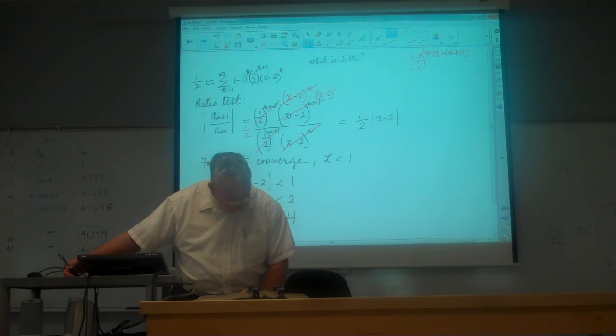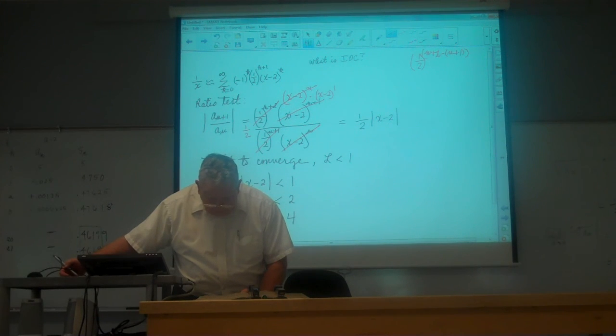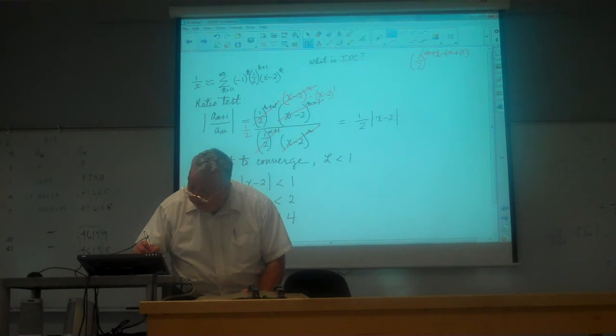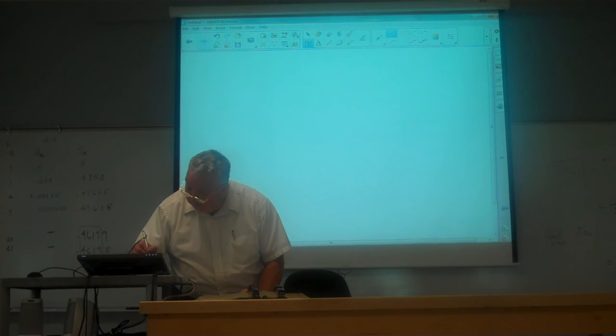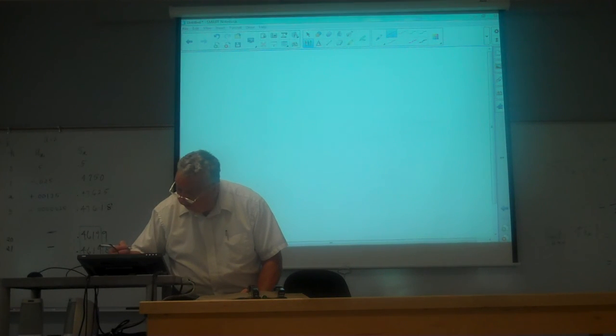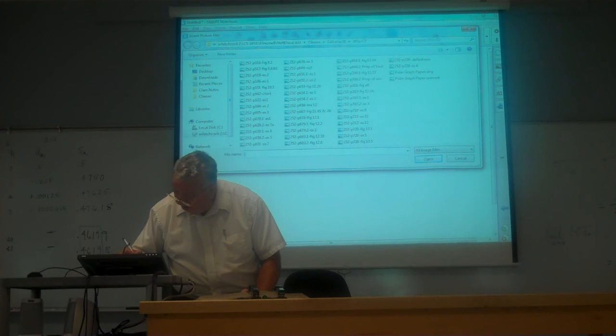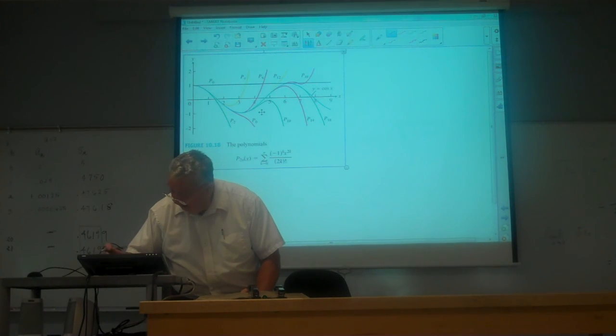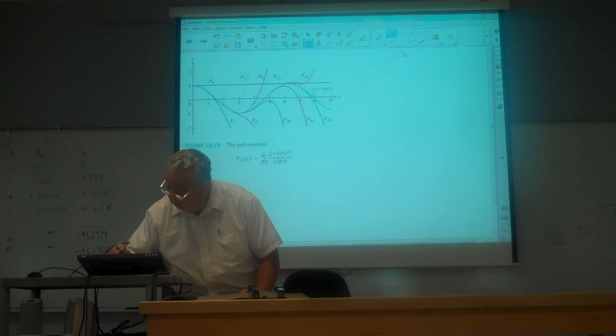What I want to show you is this. This is page 605. This is for the function y equals cosine x, and it is in light blue.